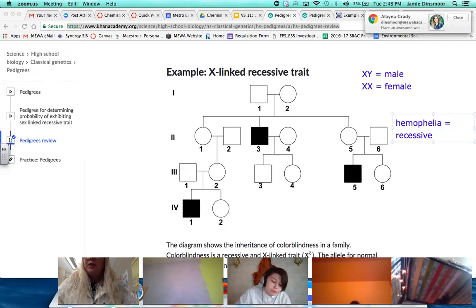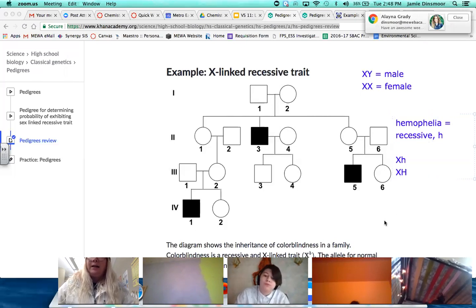So we're going to represent this as a little h for hemophilia recessive. We would write this as X little h would be somebody who has a hemophilia trait. X with a capital H would be somebody who doesn't, right? Because this is a recessive allele. It's only going to be expressed if you have 2 recessive alleles.